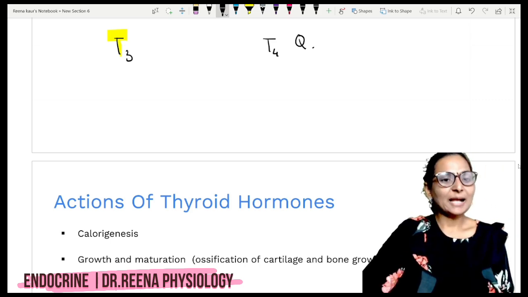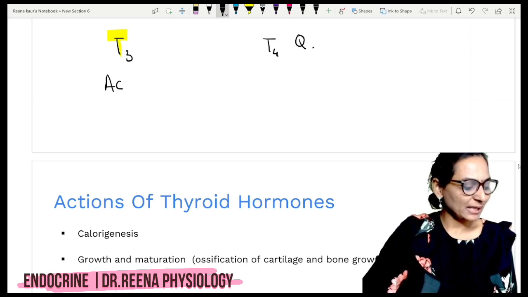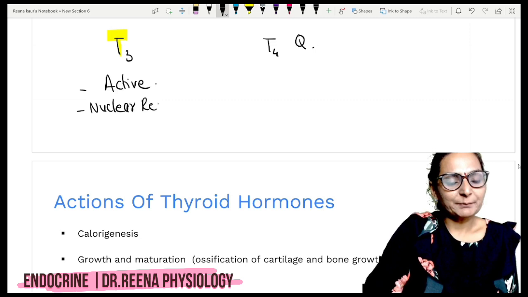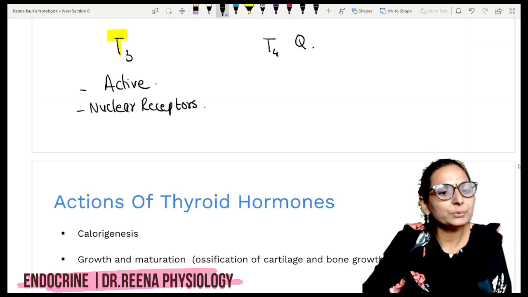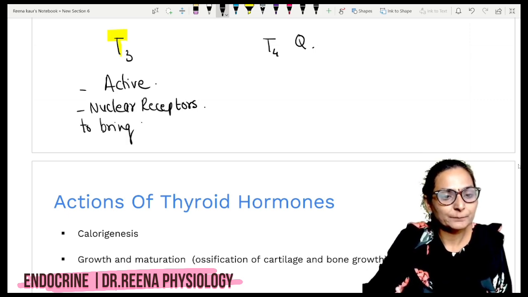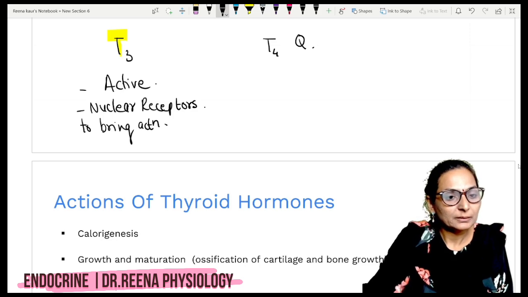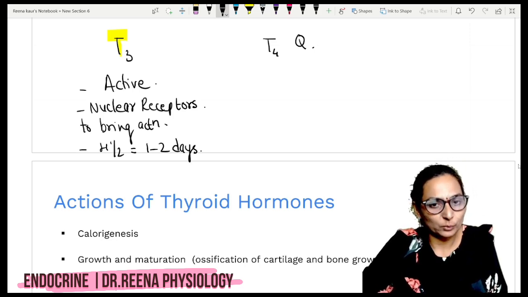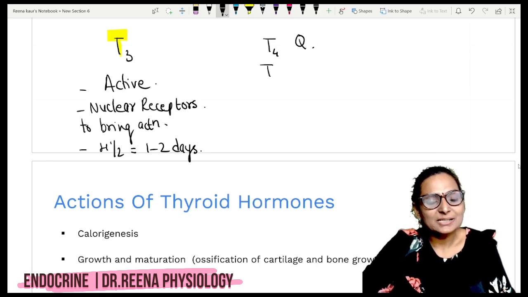You must know that T3 is actually the active form that is going to bind to the nuclear receptors to bring about the actions. Its half-life is very short, 1 to 2 days. And T4, it is the transport form.